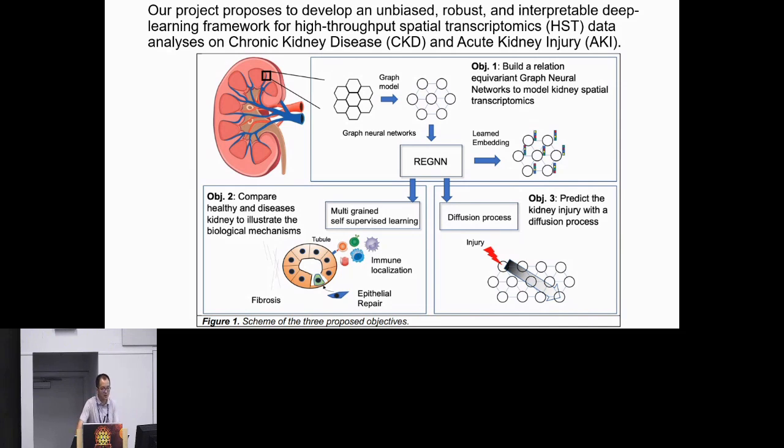We use many different technologies to improve the power of the graph neural network. Then, building on that, we use multi-grained self-supervised learning to compare healthy and diseased kidneys to illustrate key biological mechanisms, such as fibrosis, epithelial repair, and immune localization. And finally, we predict how severe and how big the kidney injury is with a diffusion process.